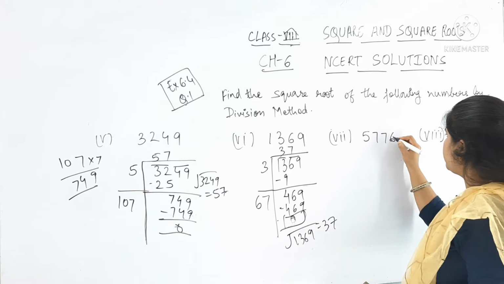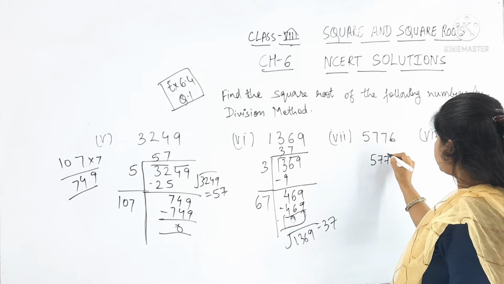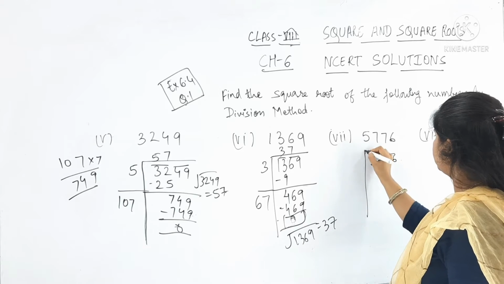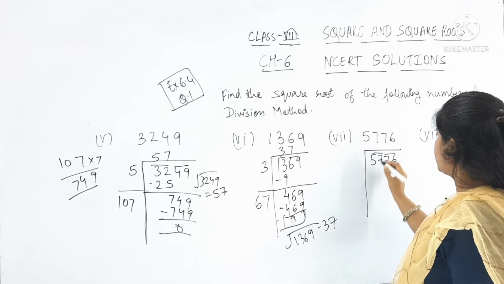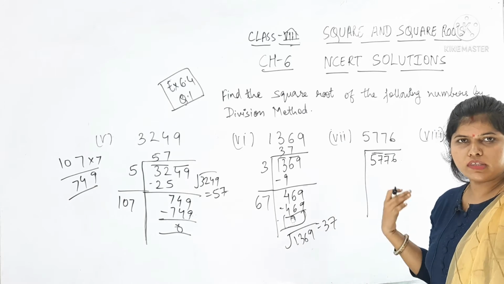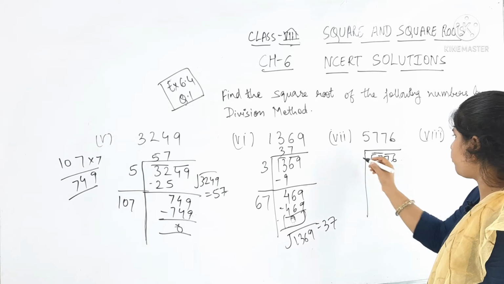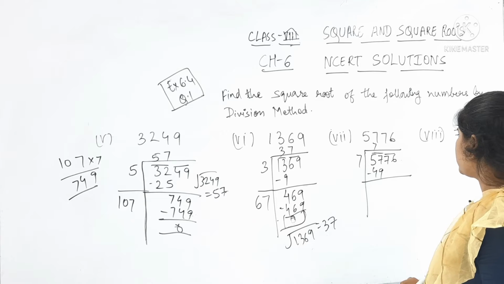Okay, now come here, the square root of 5776. Here it is 57. So 6 6 are 36, 7 7 are 49 and 8 8 are 64. So 7 7 are 49. Okay.